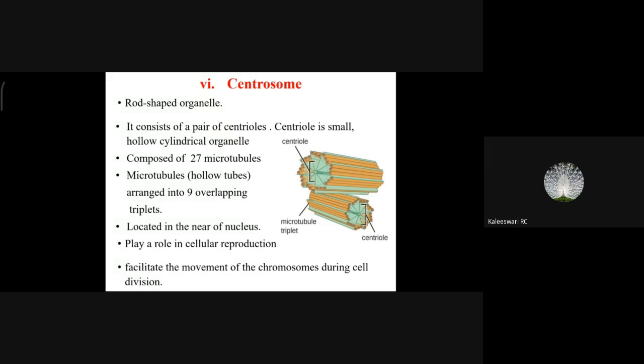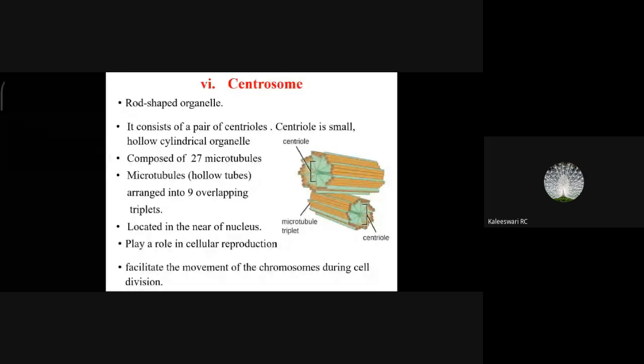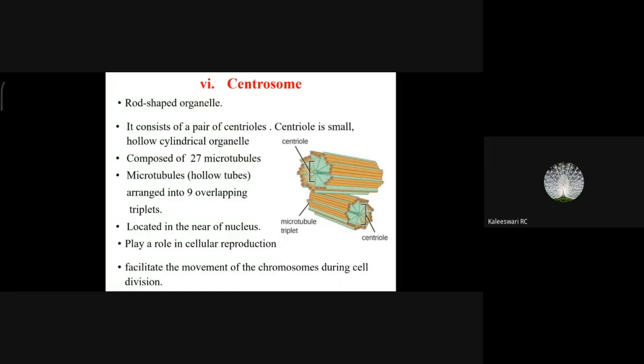So it consists of a pair of centrioles. Centriole is a small, hollow cylindrical organelle. Means each straw-like structure is called a centriole, and the bundle is known as a centrosome.